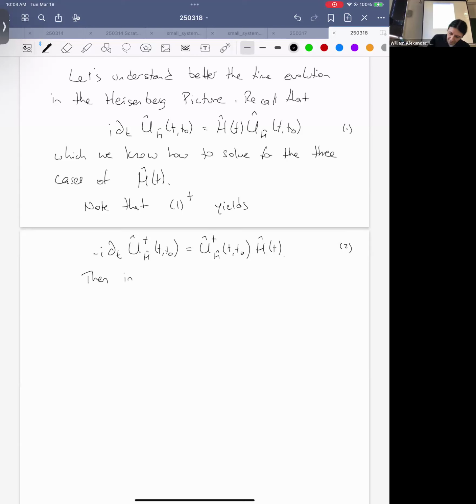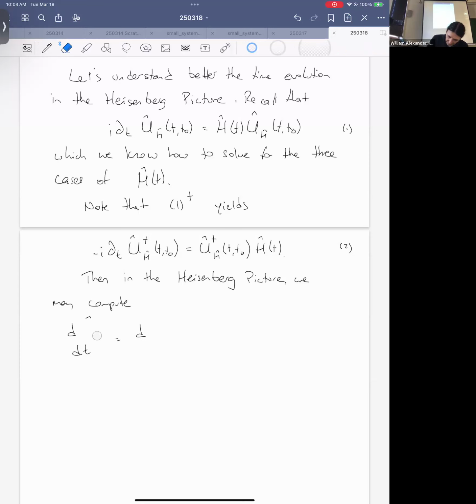Then in the Heisenberg picture, we may compute the time evolution, d by dt of any operator that depends on time t.